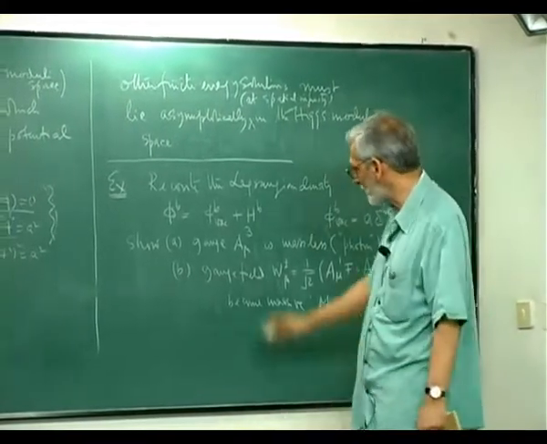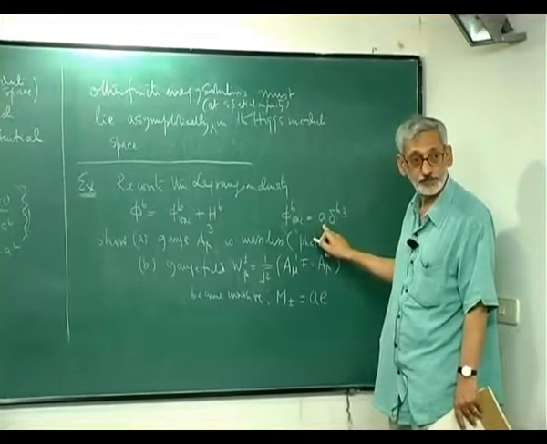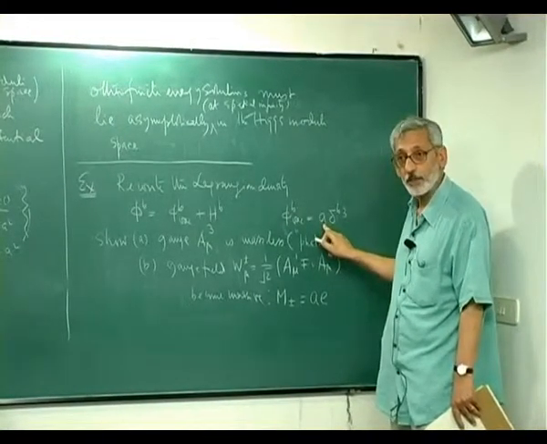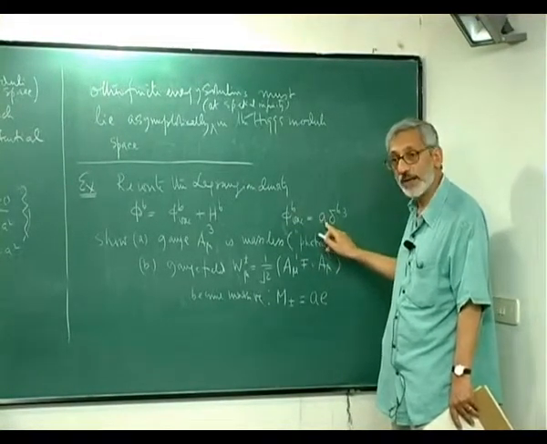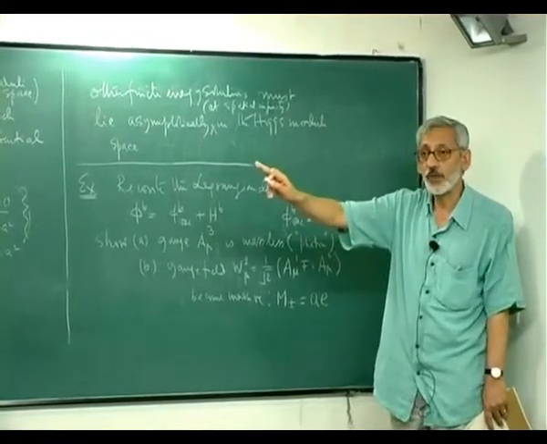A is the parameter that parameterizes the vacuum expectation value, and e is the coupling constant that we have introduced.